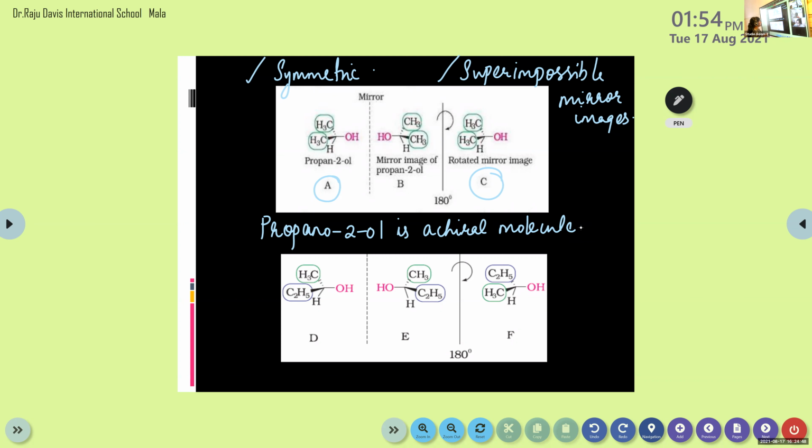Okay. Then look at the next example, butan-2-ol. Is it symmetric or asymmetric? Emmanuel? Asymmetric. Very good. Asymmetric, because the four groups are different.